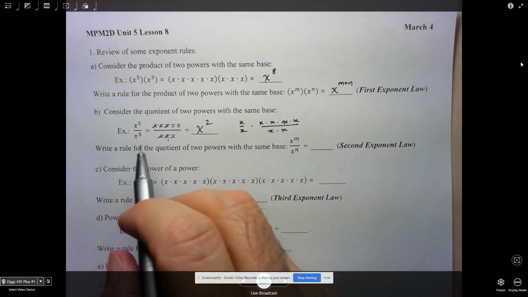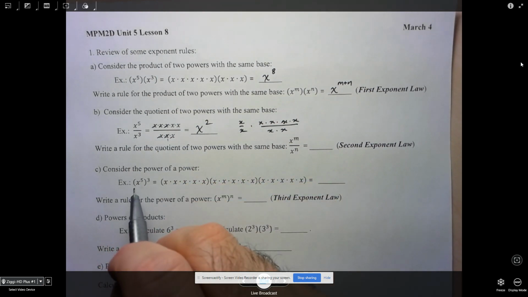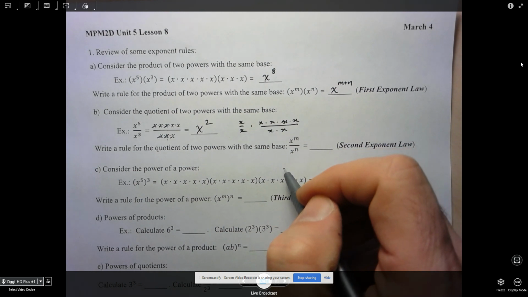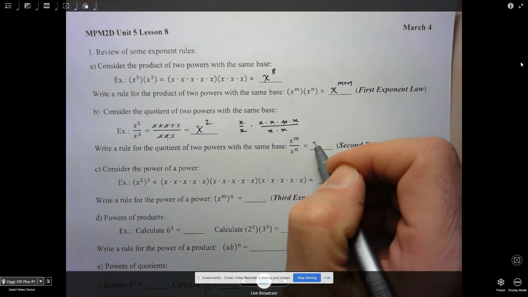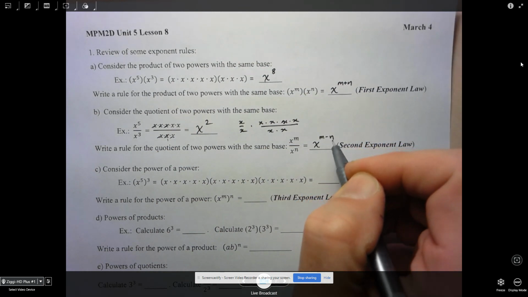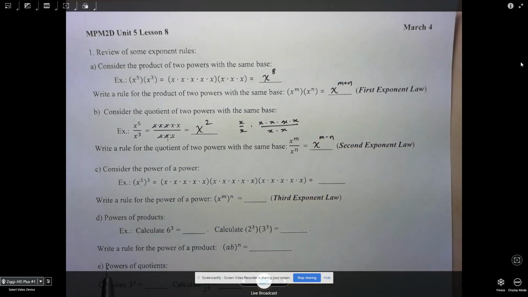All right, not a bad idea though sometimes to remember why this actually works. All right, so here when I divide two powers with the same base, I get another power with that same base, but I am now subtracting the numerator exponent by the denominator exponent. That's the second exponent law.